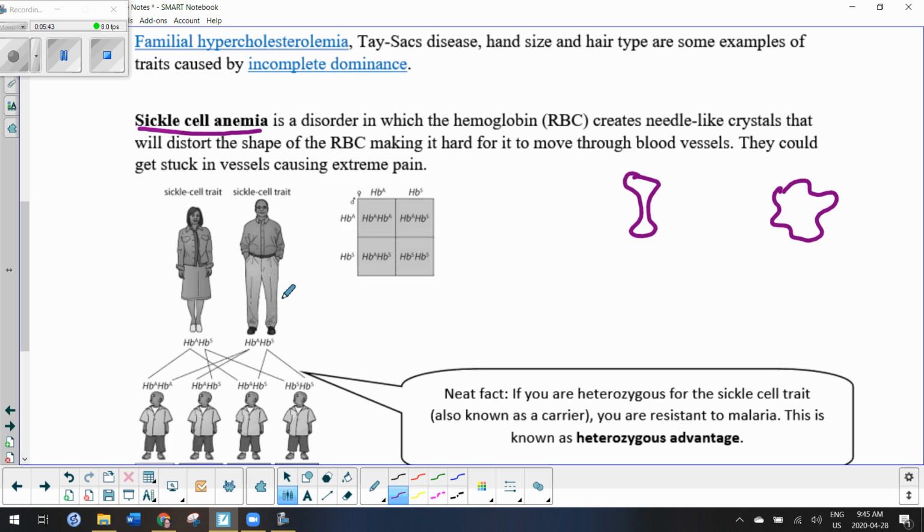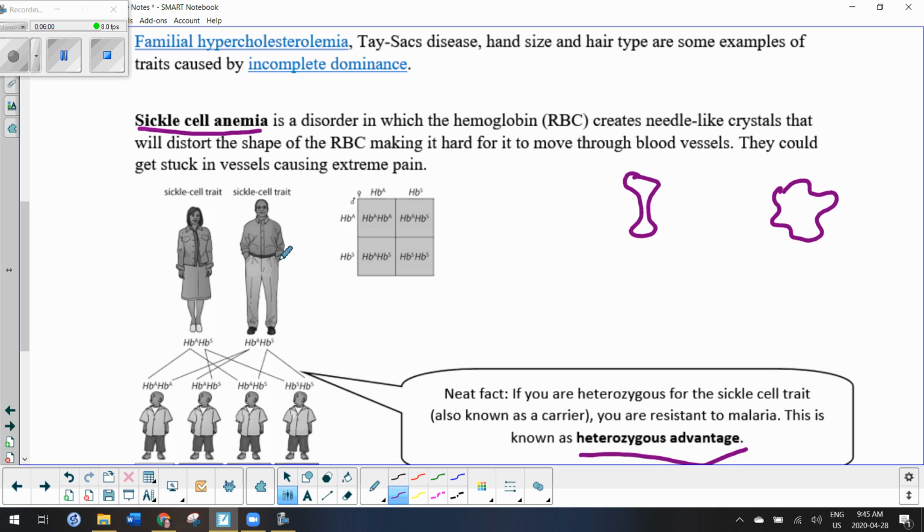So this person doesn't actually have the disease. You have two people that are heterozygous for the trait. Okay, they don't have it. This example is known as a heterozygous advantage, specifically for sickle cell anemia.